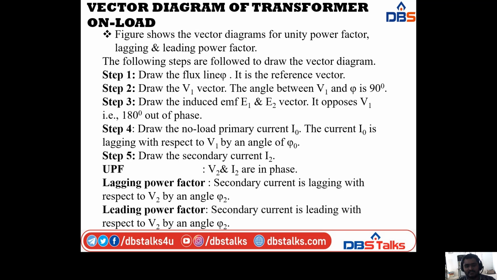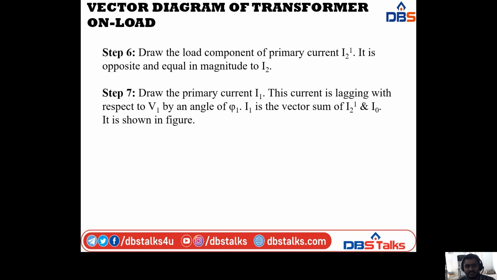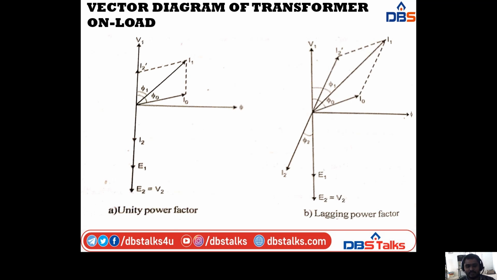And next, fifth step, draw the secondary current I2. For the UPF, that is unity power factor, V2 and I2 are in phase. If you observe the unity power factor vector diagram, here I2 and V2 are in the same direction.